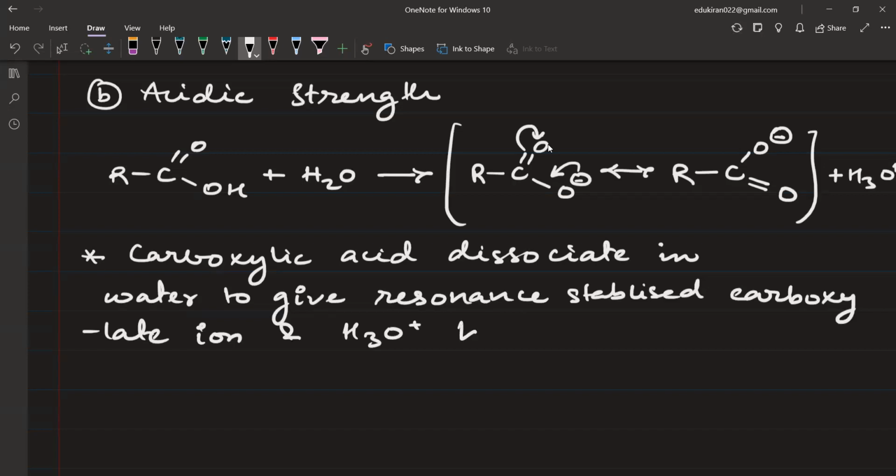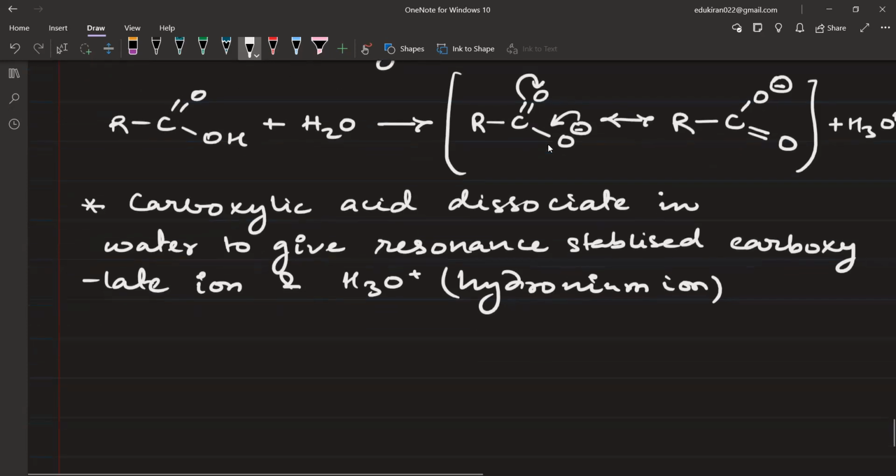What do we call H3O plus? Hydronium ion. Okay. Now since it is resonance stabilized, that is why its conjugate base is stable. If the conjugate base is stable, that means whatever compound we have taken is going to be an acid.